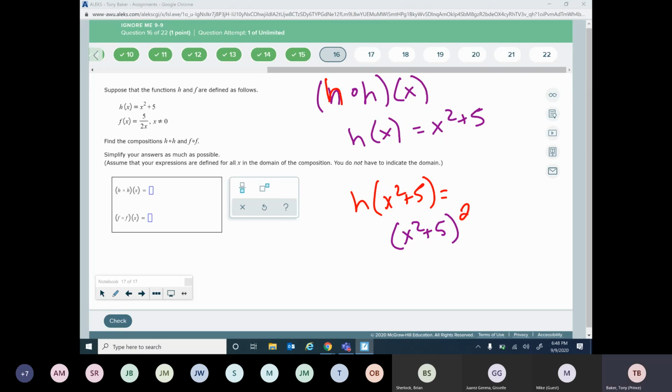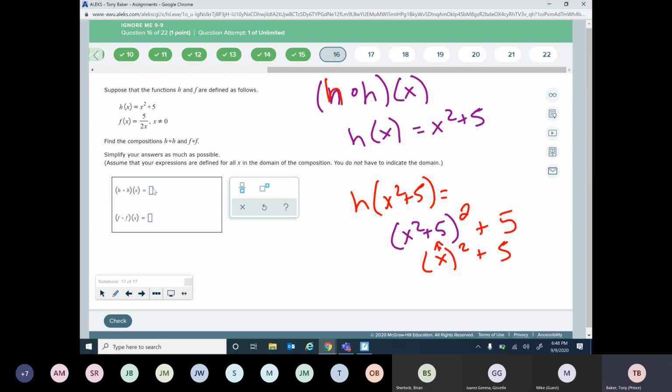And then the squared, and then the plus 5. So this value right here is that original x. So it was x squared plus 5. And I'm replacing it with what was inside that parenthesis there. So the answer, as I put it, would be parenthesis x squared.